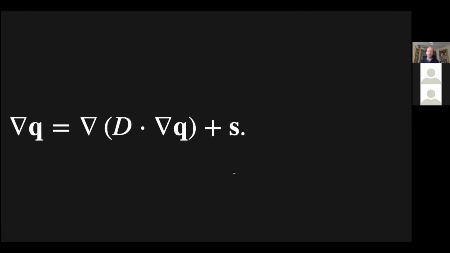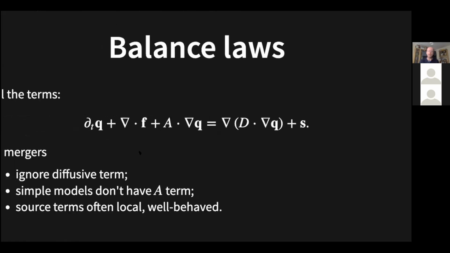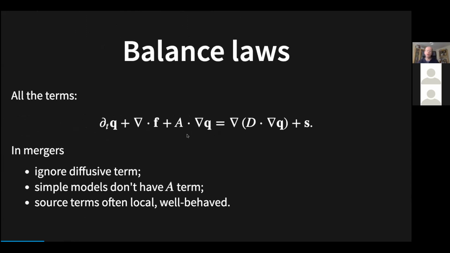On the right-hand side, we'd have the terms that we would think of as generating or exchanging energy and momentum between either the fluid itself on the micro scale or other parts of the problem. The first piece is a diffusive term with a diffusion matrix D and a second derivative piece. And then we've got an algebraic source term S. Now, in the full general case, the matrices, the A and D matrices, are going to depend on the data itself.